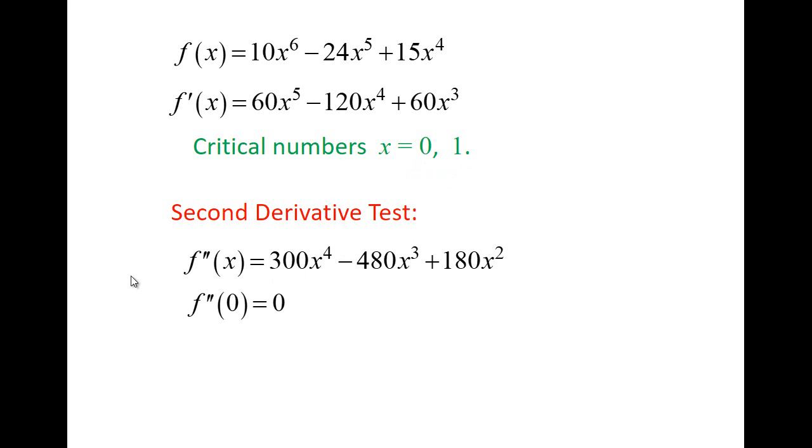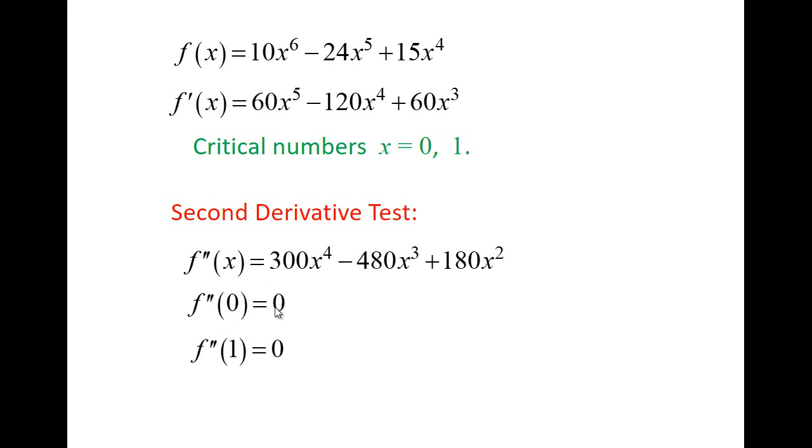Now if we calculate f double prime of 0, we get 0, so the second derivative test is inconclusive. That is, the second derivative test doesn't tell me anything in this case. So we have to figure out whether we have a local max or min or neither at 0 by using the first derivative test.